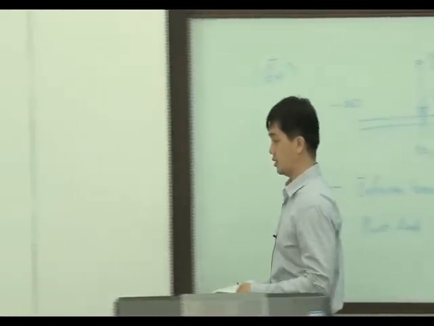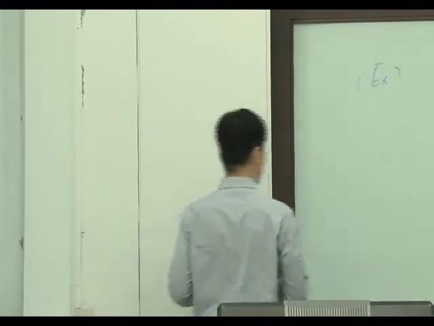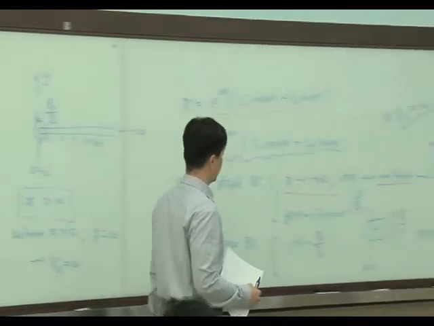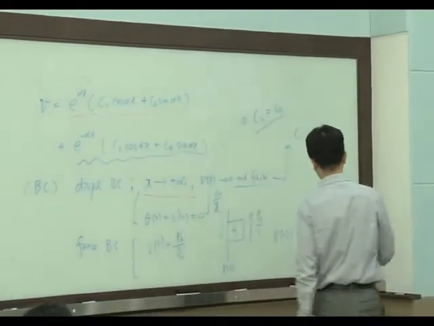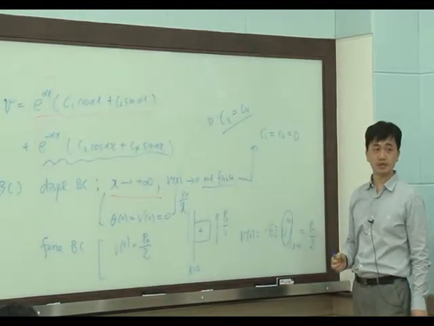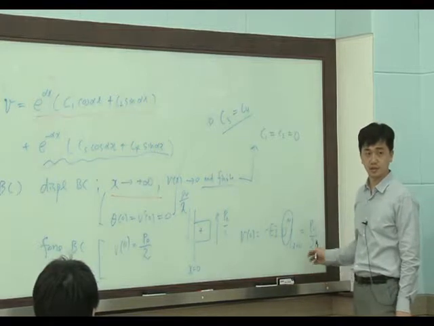Okay, then to apply the fourth boundary condition, we need to differentiate the displacement 3 times, right? And put x equals 0.